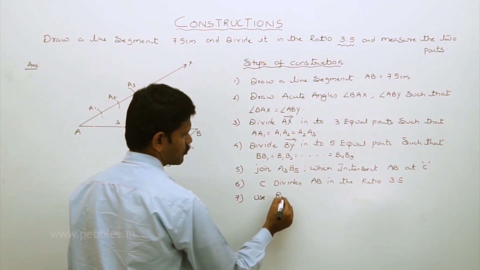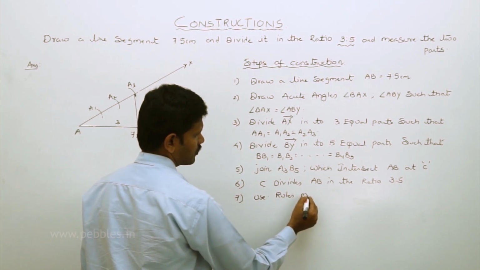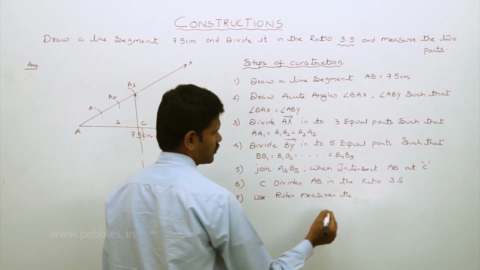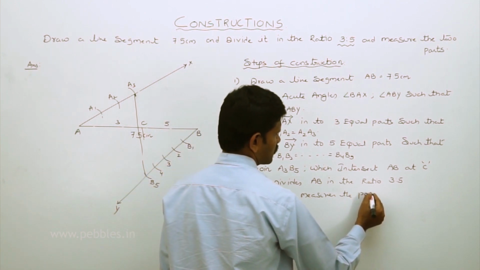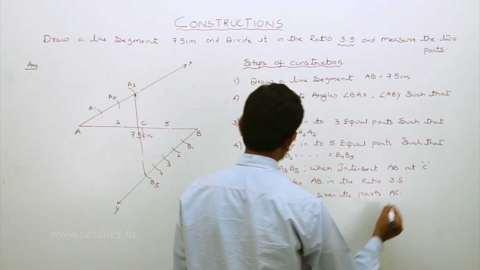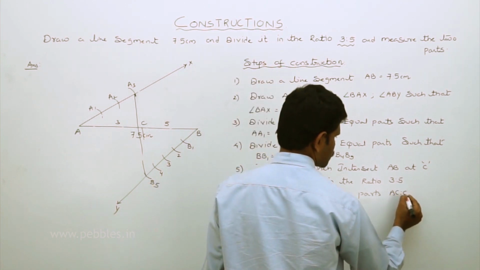Use a ruler and measure the parts AC and CB.